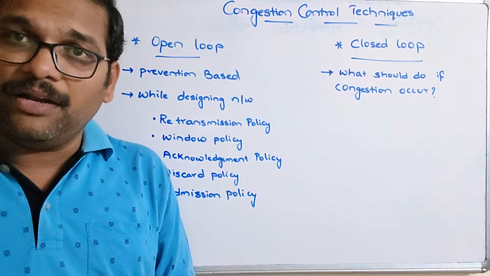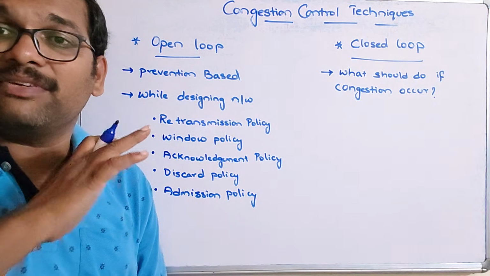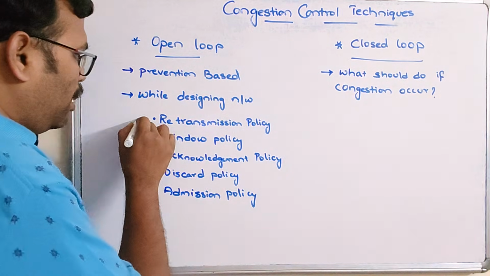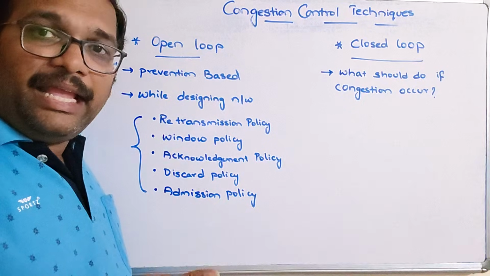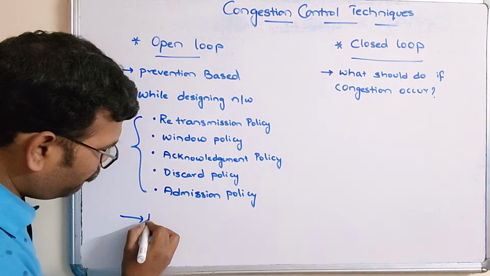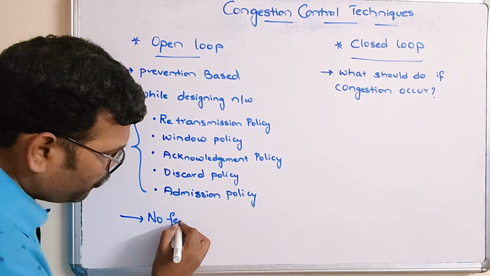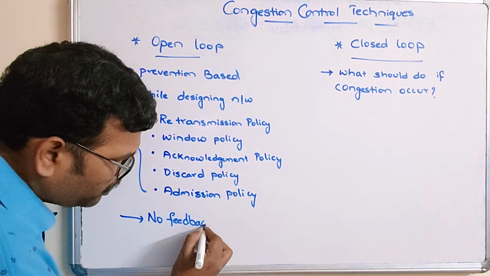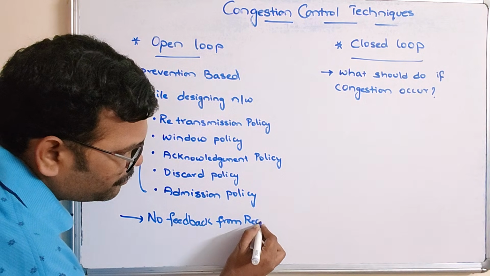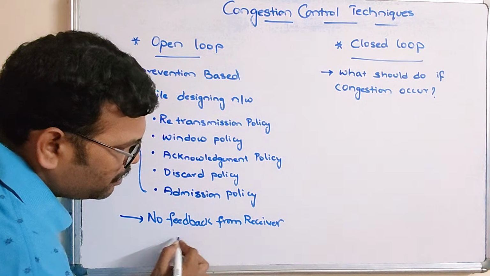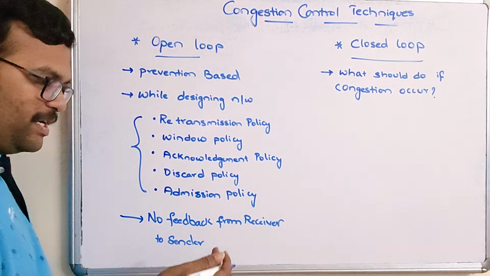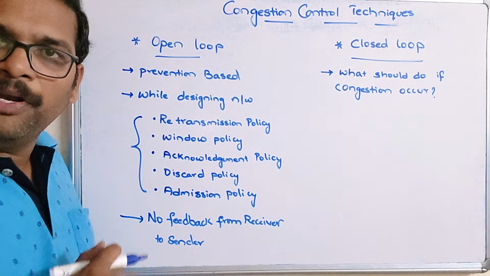If there is any violation, automatically the request will be rejected. That is called the admission policy. So all these policies should be taken care of while designing the network. There will be no feedback about the congestion from receiver to sender in the open loop.